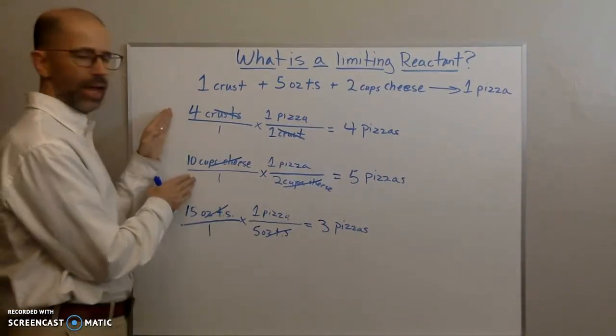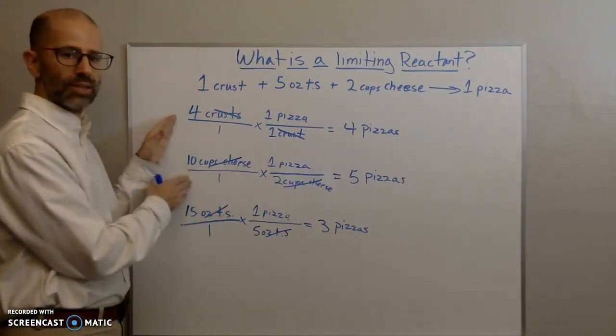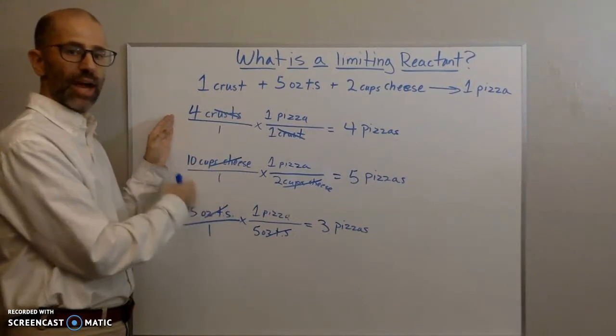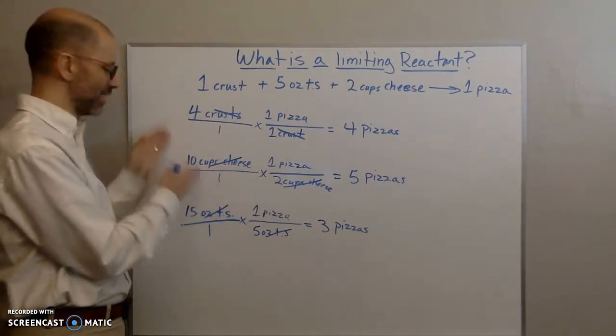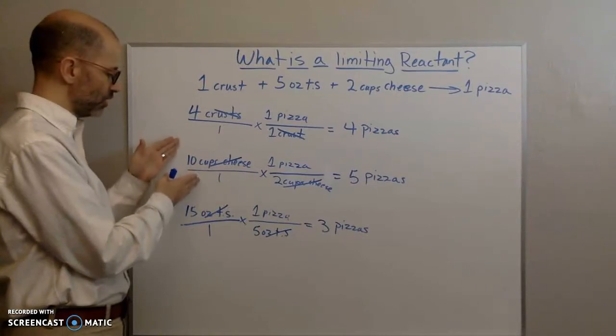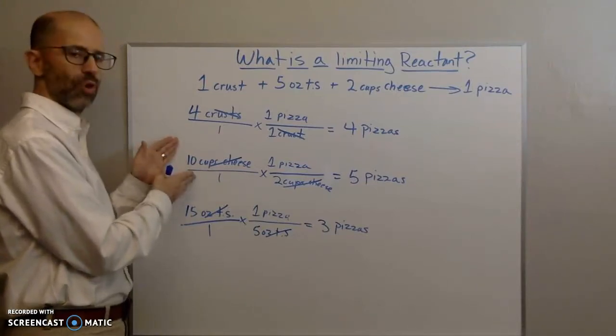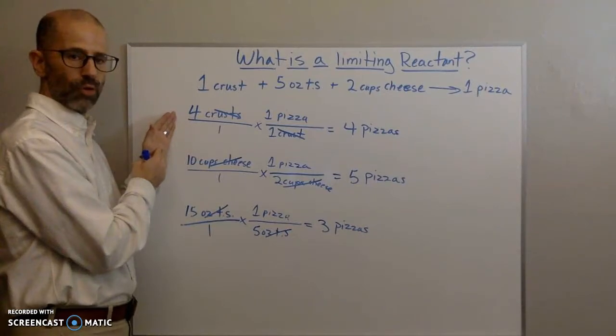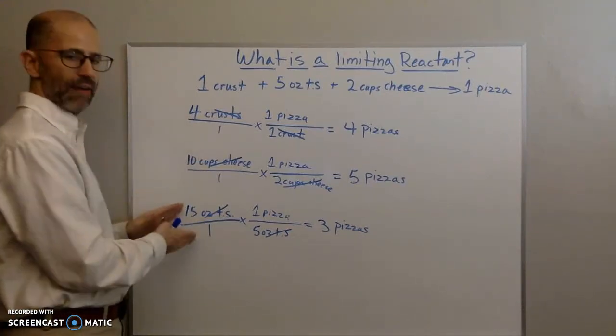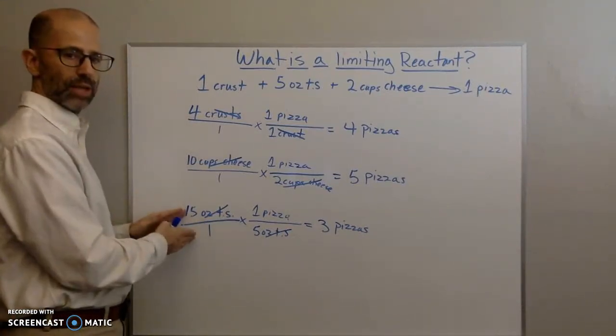And these ingredients are the ones that are in excess. They are left over. So I have an excess amount of cheese. I have 4 cups of cheese left over in excess, and I have 1 crust left over in excess. But I have 0 of my limiting reagent.